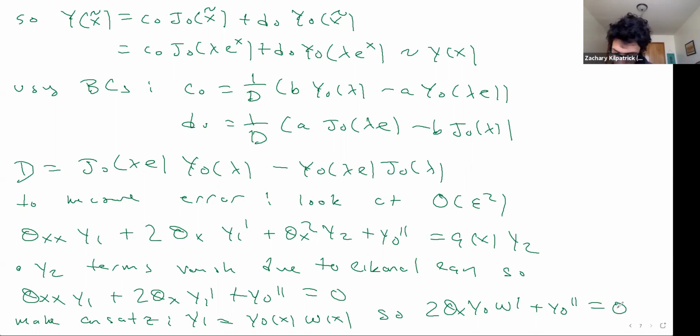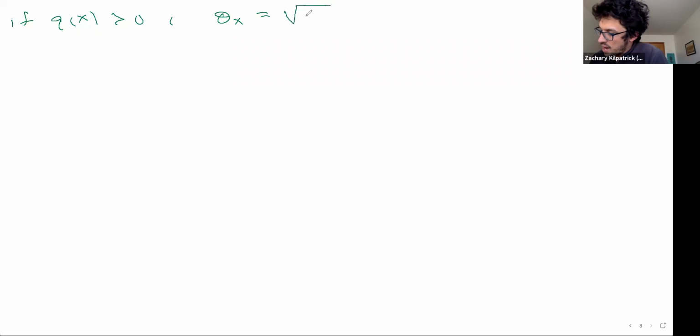And there's a couple of possibilities. In particular, I think I'm going to run out of time. If q of x is greater than 0, remember what theta sub x is. Theta sub x is equal to the square root of q of x.